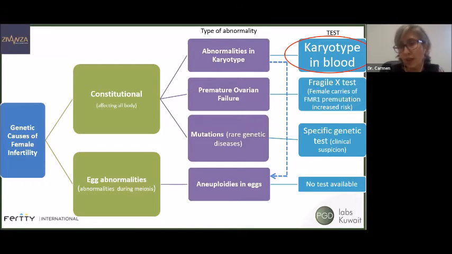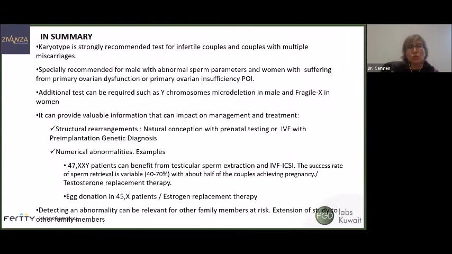Also, there are other rare genetic diseases that, apart from other signs, can cause infertility. So to conclude, the message to take home is that the karyotype is a strongly recommended test for infertile couples and couples with multiple miscarriages.